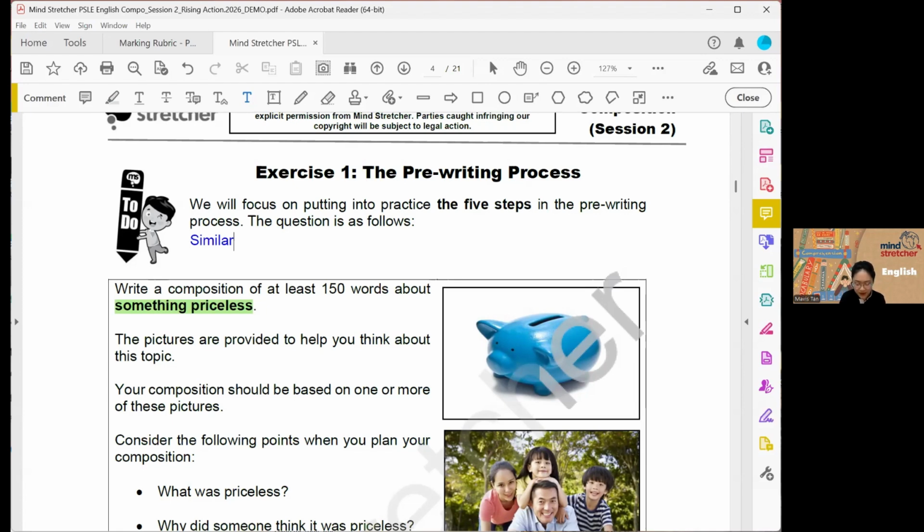Give me some ideas. And you in front of the screen, just jot these down. Okay, jot these down. A treasure. A treasure. What treasure? Will your teacher end up reading stories about pirates? A treasure. What else?